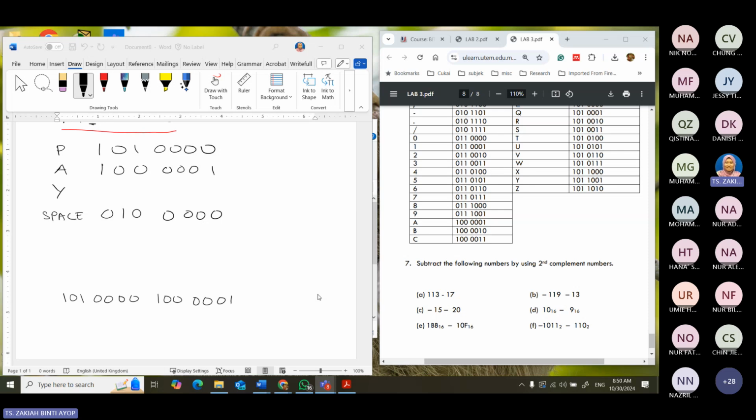When the computer converts it back to the output, like on the monitor, this one should be P, this one should be A, this one should be Y, and then there's a space, and then the next. Even the space and the dot are very important.